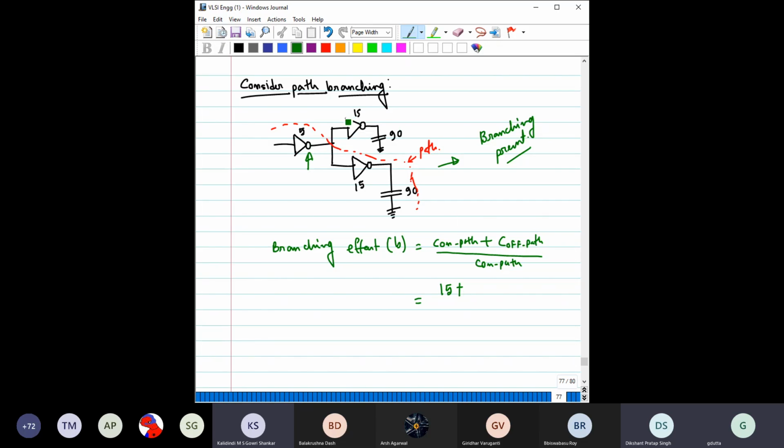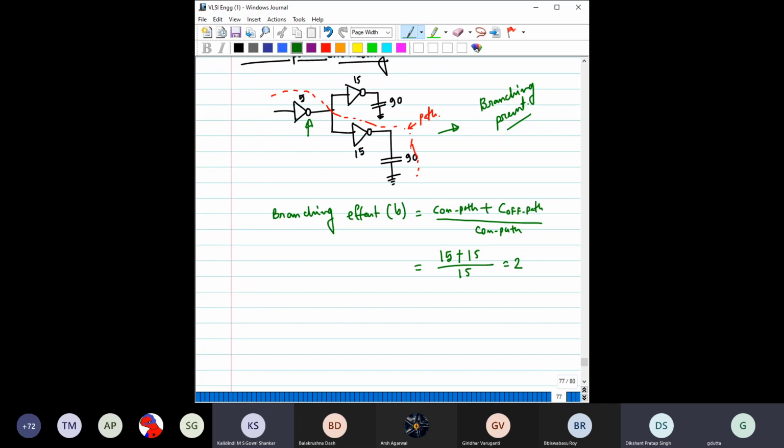This inverter whose size is 15 is also connected with this, so the inverter has to drive this as well. So this off path is also 15. By on path we have already mentioned 15, so it is basically 2.